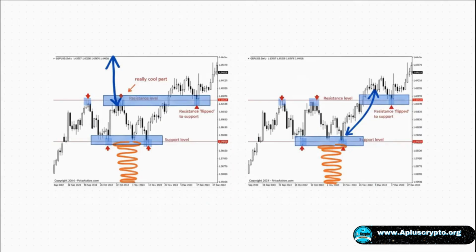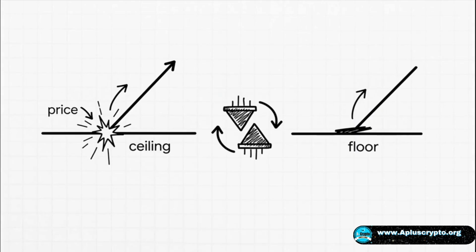When the price finally gets enough power to smash through that ceiling, that old ceiling that used to push the price down now becomes the new floor that holds the price up. It's like you broke through to the next level in a video game, and now you're standing on what used to be the roof. This amazing little switcheroo has a name, of course. It's called a role reversal. And it is a super important clue that traders are always watching for. It basically tells them that the battlefield has changed.